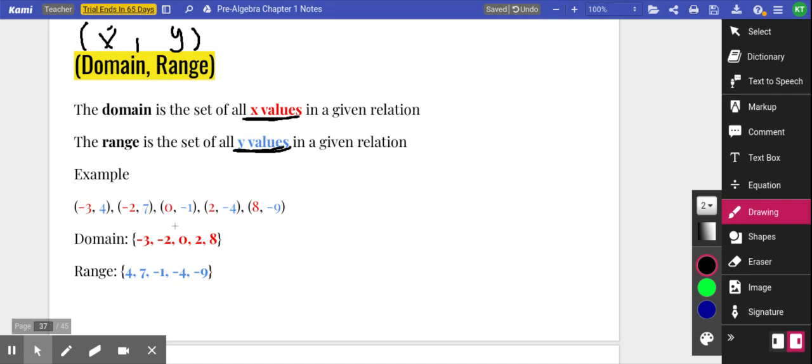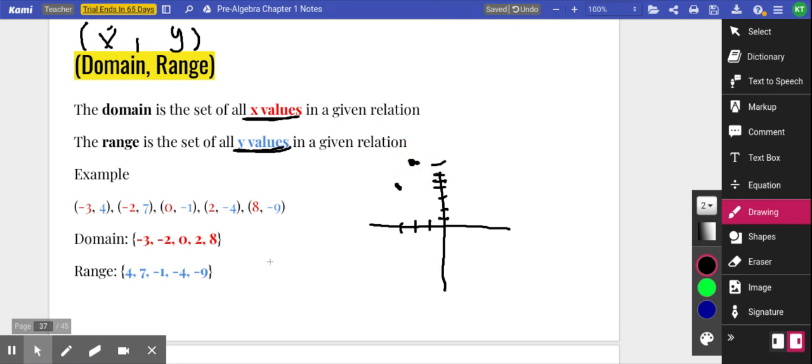So for example, these are all my ordered pairs, all my coordinates. And again, I could plot all of these in a graph, right? I could do -3, 4, I could do -2, 7, and I could plot all these in a graph.